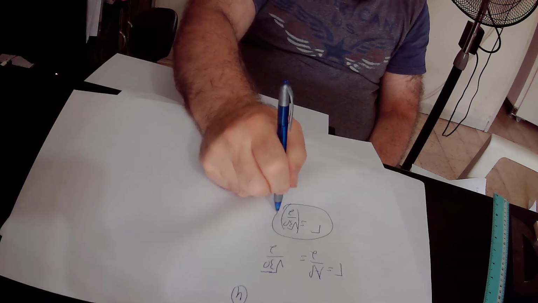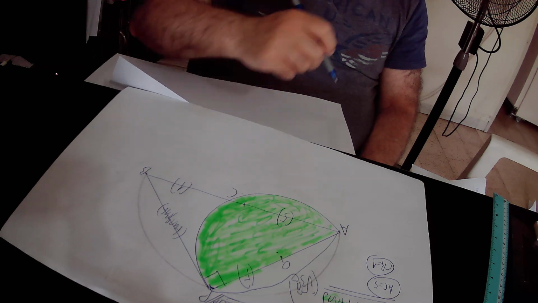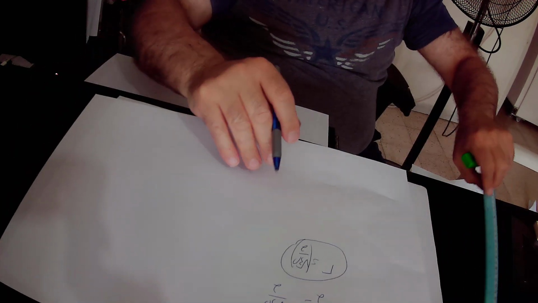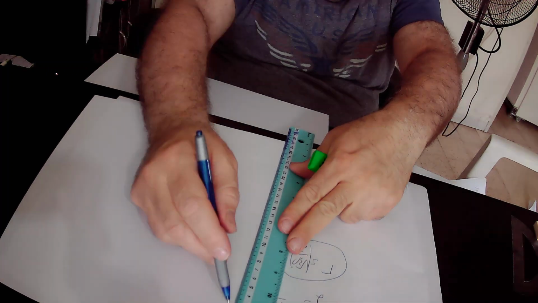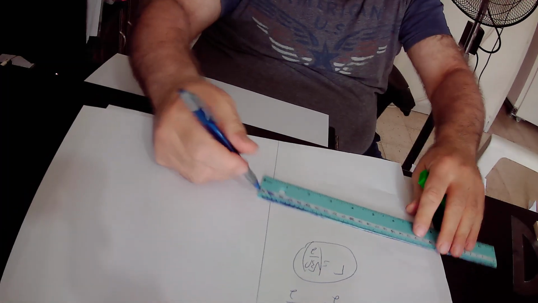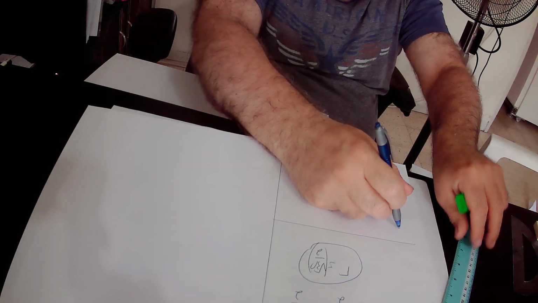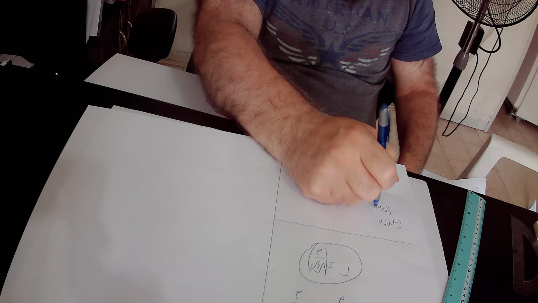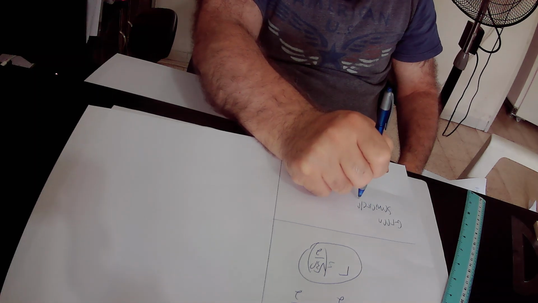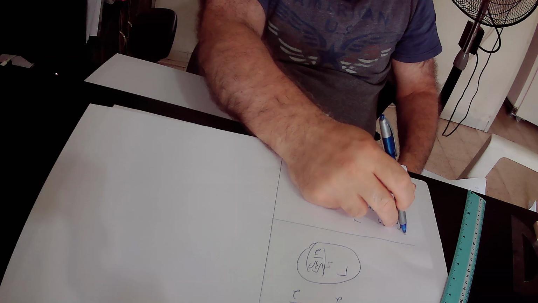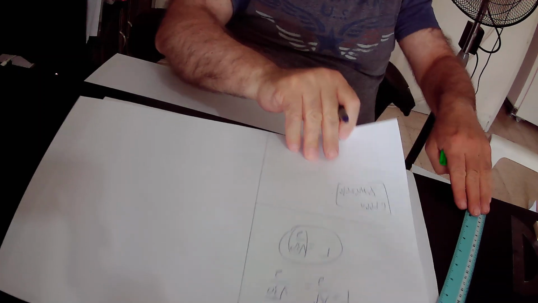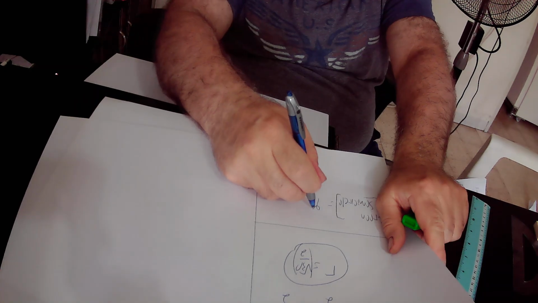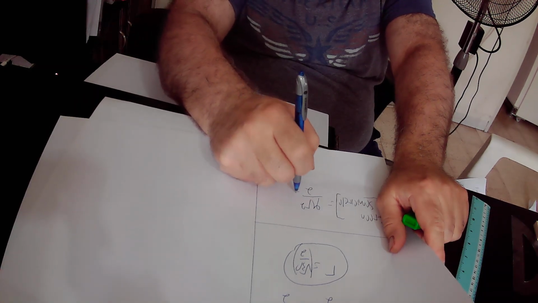Our mission is to find the area of this green semicircle. The area of this green semicircle will be equal to the area of the circle, that is pi r squared, divided by 2.